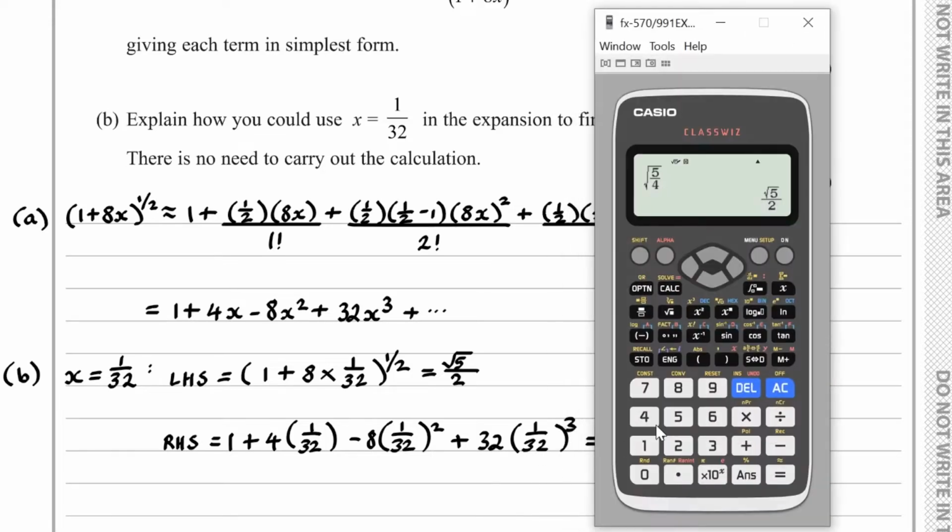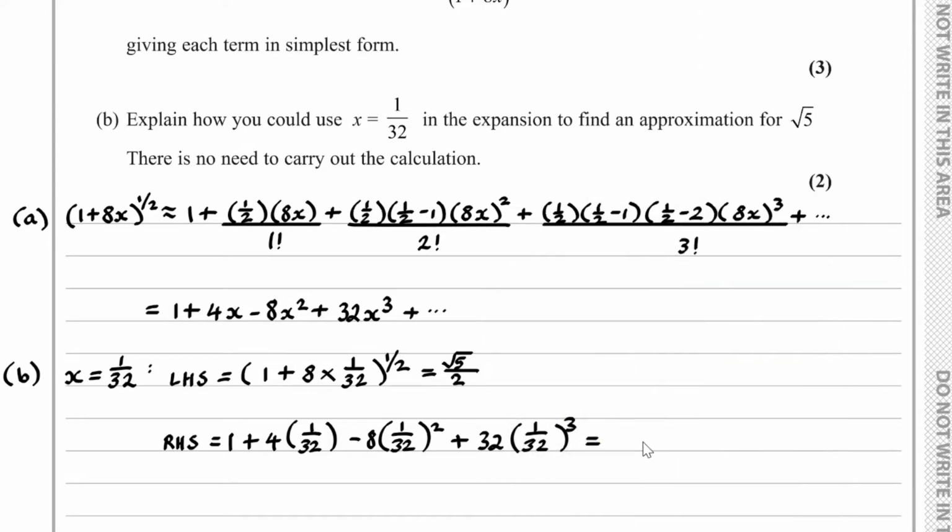So if we work all of this out, we have 1 plus 4 lots of this minus 8 lots of this squared plus 32 lots of this cubed. That would be 1145 over 1024. So here we have 1145 over 1024.